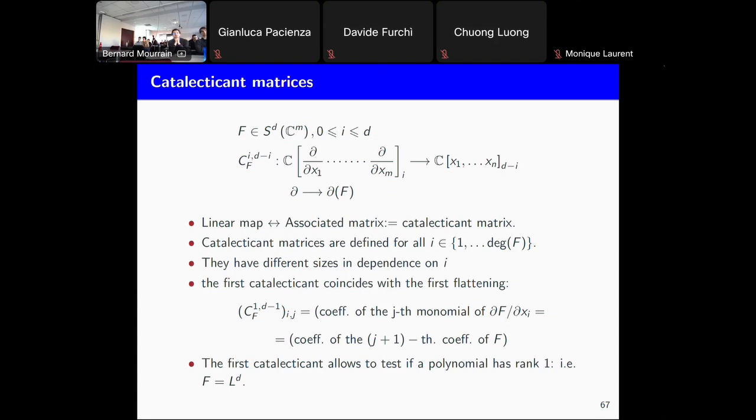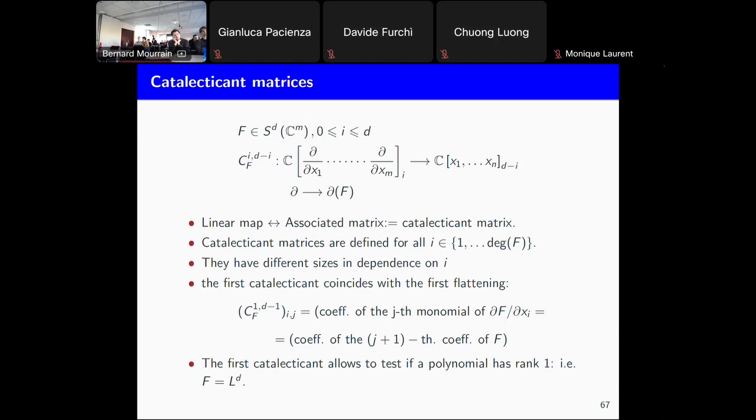And as I said, the first catalecticant, when I go from 1 to d minus 1, corresponds to the first flattening that we have seen yesterday. So if the first catalecticant is the same as the first flattening, I can also use the catalecticant to test rank 1.